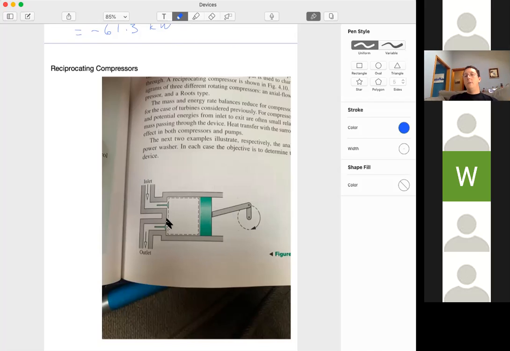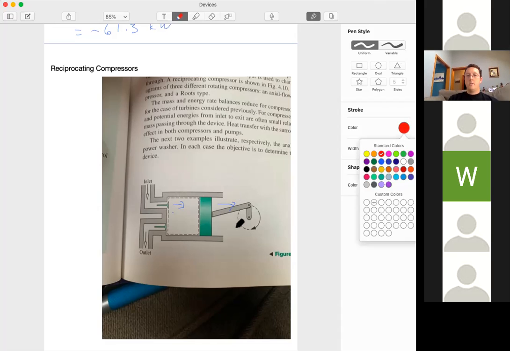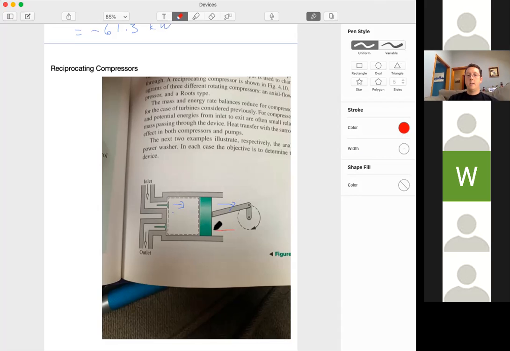And what you do is you have a set of valves such that when the piston is going to the right, then you intake air, and when the piston is going to the left, then this valve will shut, and this one will open.